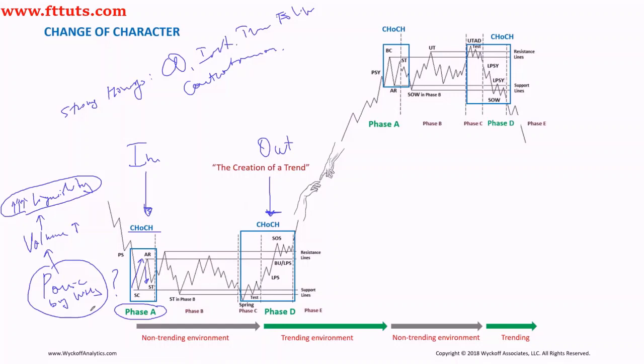So a panic, where either public or professional hands, institutions that are on the wrong side of the trade, are capitulating and getting rid of their holdings quickly, without any doubt that there could be a stop in action soon, and they're willing to do this at any cost. That's what produces that increased volume signature, acceleration of the price to the downside, and that creates the liquidity that is needed by institutions.